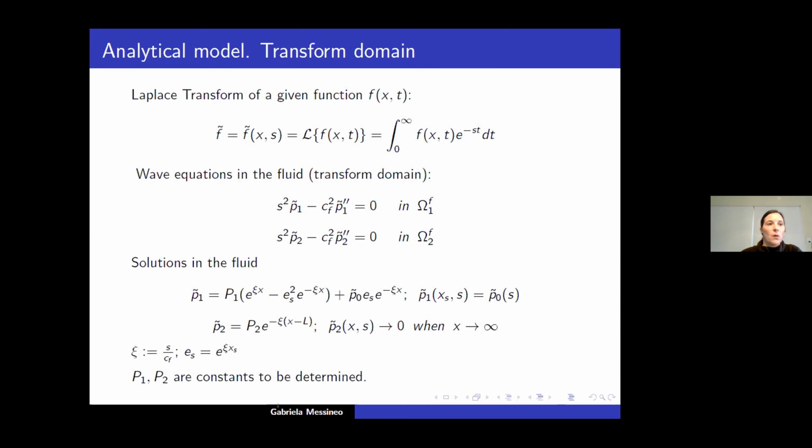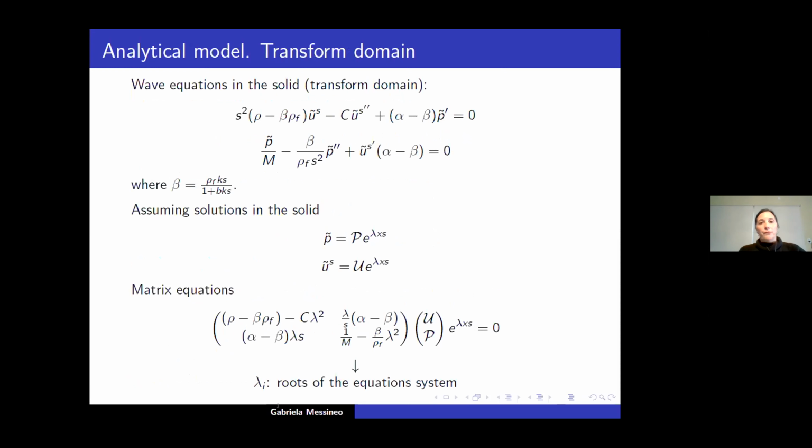So transforming the wave equations, the solution for the pressure waves in the fluid can be obtained, are those expressions below, where the boundary conditions have been used. Capital P sub 1 and capital P sub 2 are constants to be determined based on the boundary conditions with the solid.